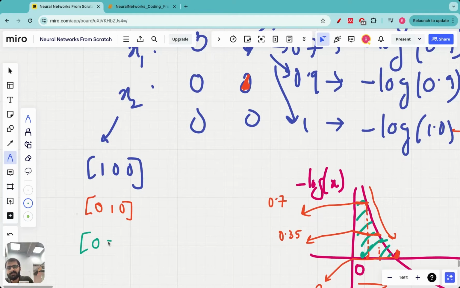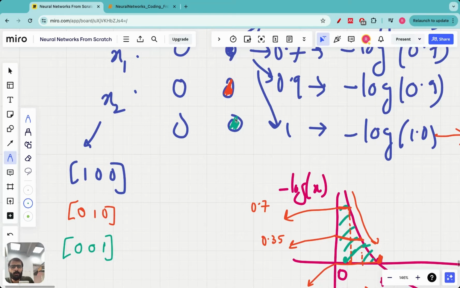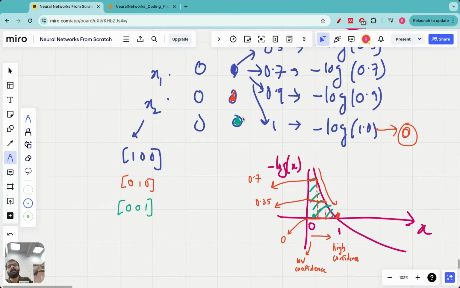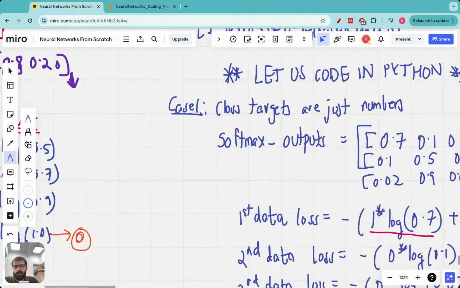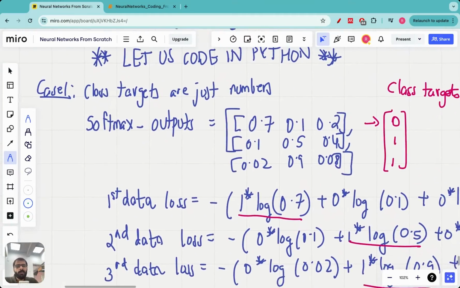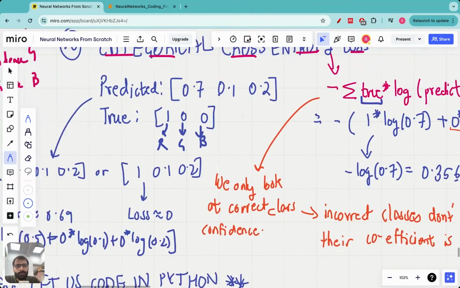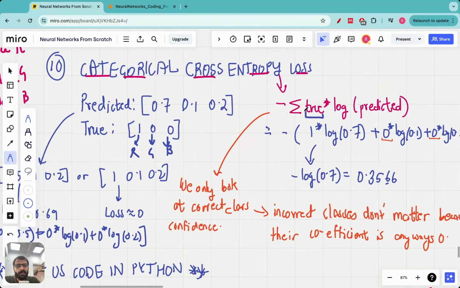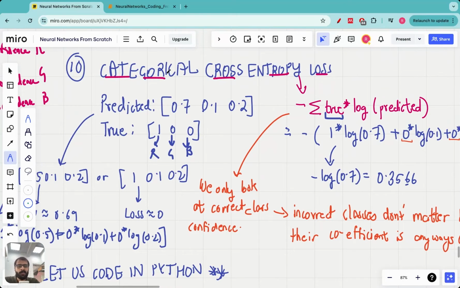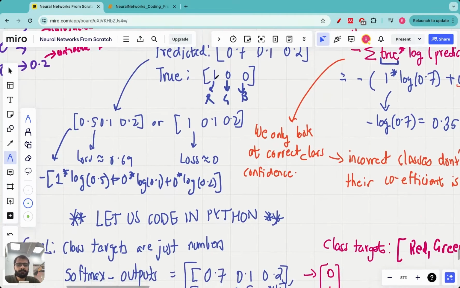Whereas if the input is 0 0 1, then we only need to take the output of the third neuron and take the negative log of that. So this is how we'll define the cross entropy loss intuitively, and this is the mathematical formula for the categorical cross entropy loss. The reason it's called categorical is because in this case we have three categories, right? Red, green, and blue. So this loss is typically used in classification problems.